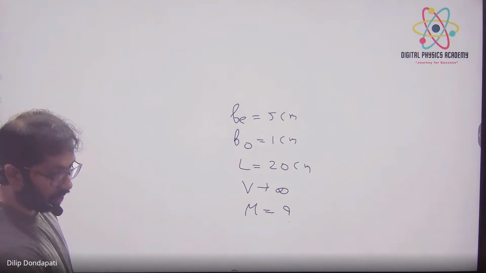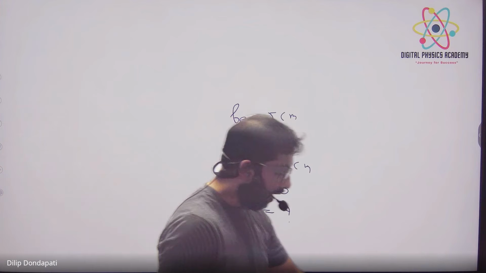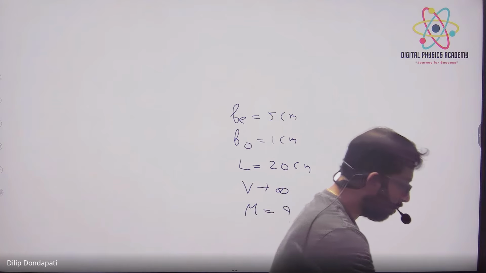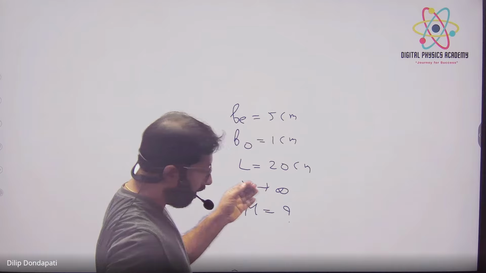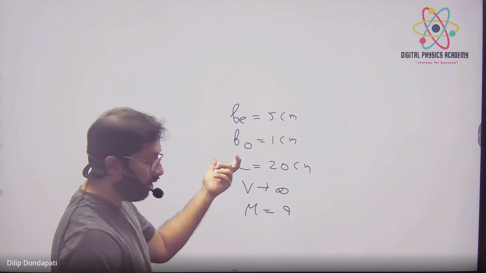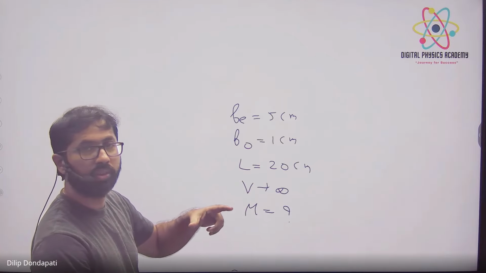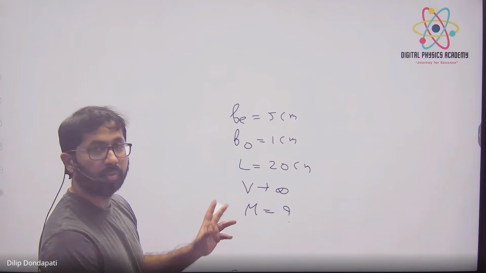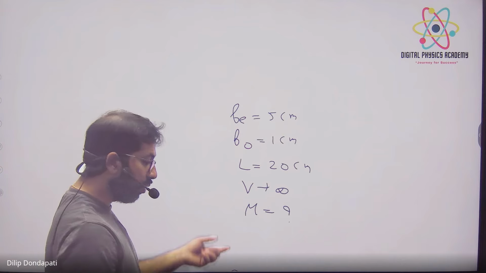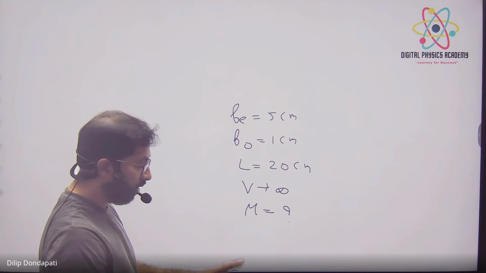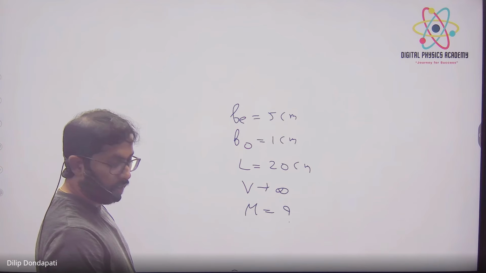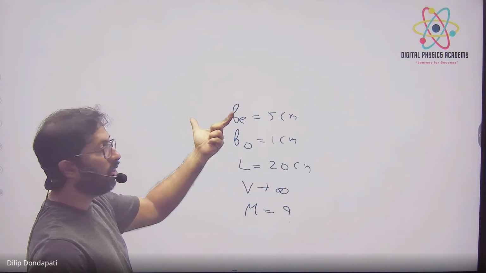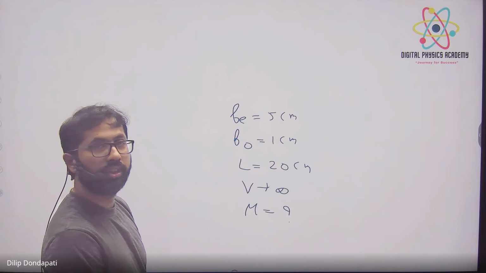You've been given another formula, L by F naught, the approximate formula. Use it whenever they tell you the image of the objective lens is approximately equal to the length of the compound microscope. Otherwise, using that formula will always give a wrong option.